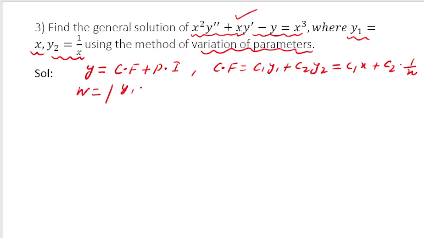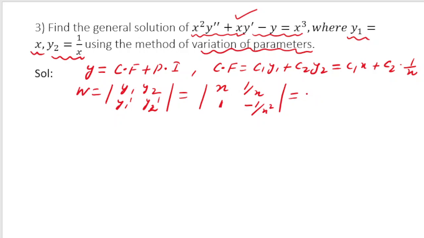W is the determinant of y1, y2, y1 dash, y2 dash, right? So that will be x, 1 by x. Derivative of x is 1 and derivative of 1 by x is minus 1 by x square. So I will get x into minus 1 by x square, that is minus 1 by x, minus 1 by x, which is equal to minus 2 by x.